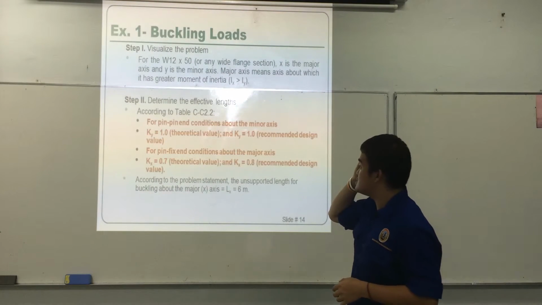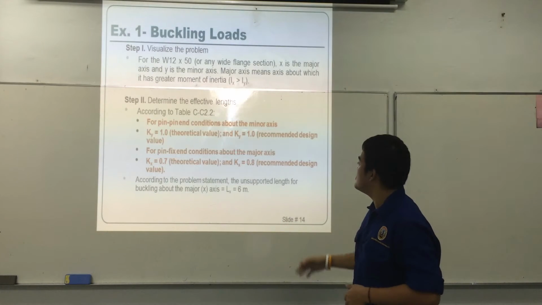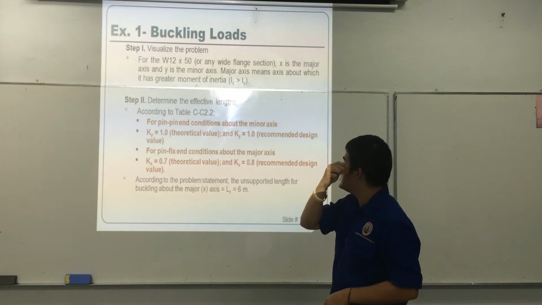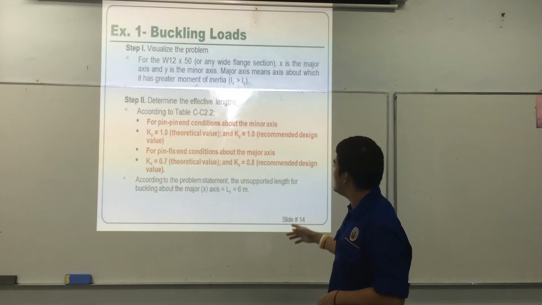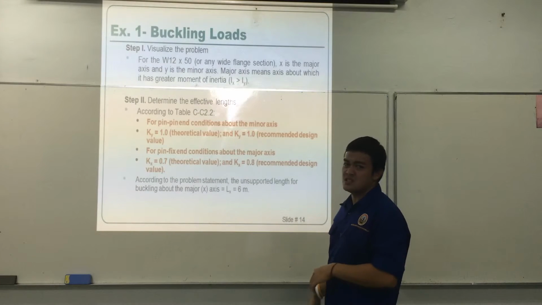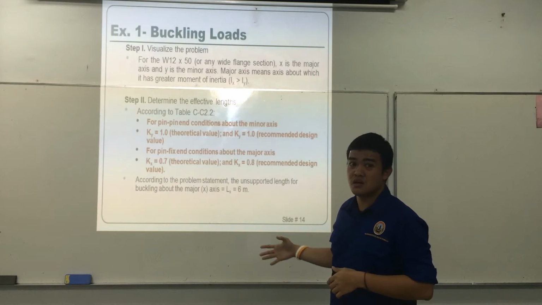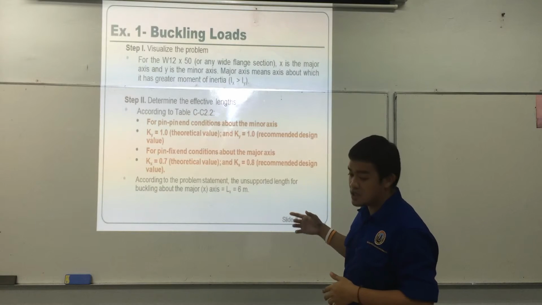For the end condition about the major axis, Kx is 0.7 as the theoretical value and 0.8 as the recommended value. This is from the table of K.